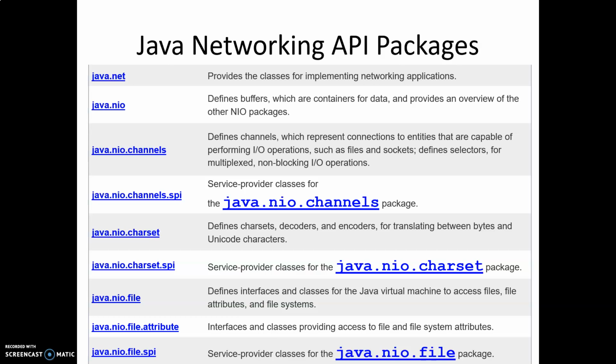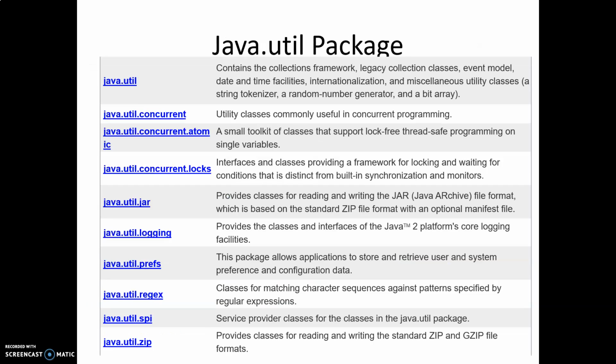Similarly, file attribute is a sub package of file, and it provides the interfaces and classes for accessing the file and file system attributes. Similarly, we have the SPI, which is special provider classes for the java.nio.file package. So this comes under the networking API packages.